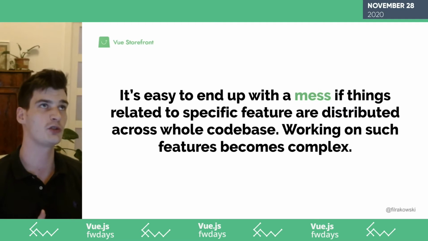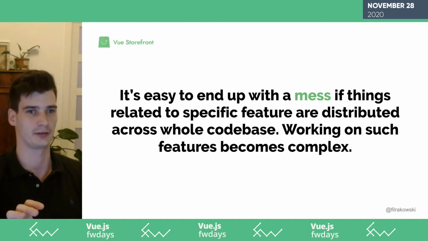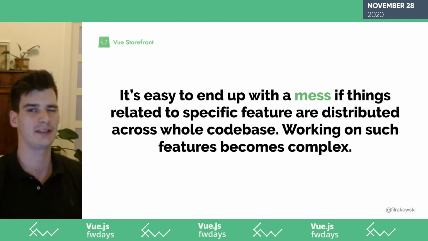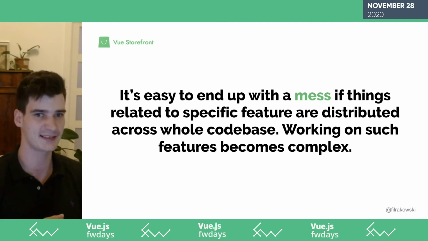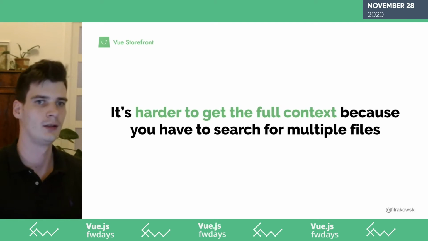So we usually work on a certain feature, not a file type. Imagine, when was the last time you saw a task that asked you to work only on created hooks of your application? It's much better to have everything related to a certain feature in one place, rather than look for every piece of a puzzle across your whole code base.